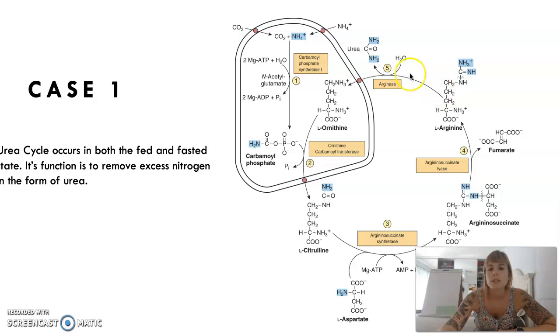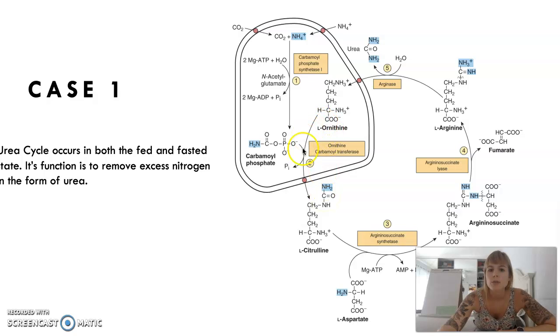And the urea cycle, you see here, kind of overlaps in the mitochondria and the cytosol. So it's occurring in both places.